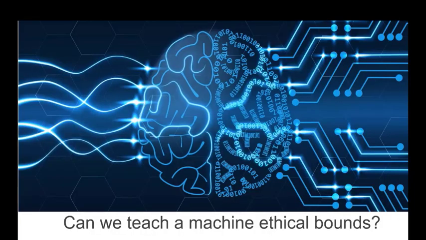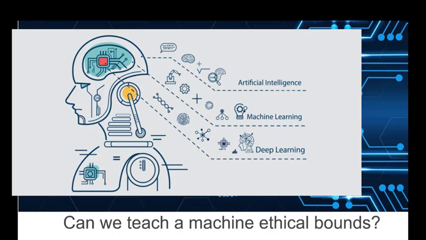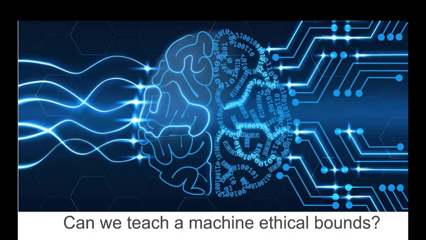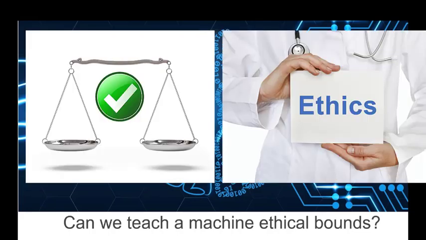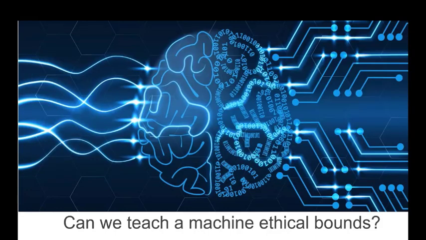Prior to looking at the components of AI, we need to look at the question, can we teach a machine ethical bounds? Earlier, we looked at all the components in designing ethical protocols and procedures, and how this large number of components had to be weighted for both ethical and consequential impact as well as social impact.